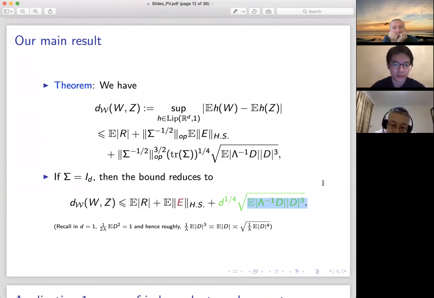To understand that, it's easier to look at the one-dimensional case, where we recall the equation following from the exchangeable pair structure. Therefore, if you had this third moment term, it's roughly of order d, because d squared cancels with the lambda.